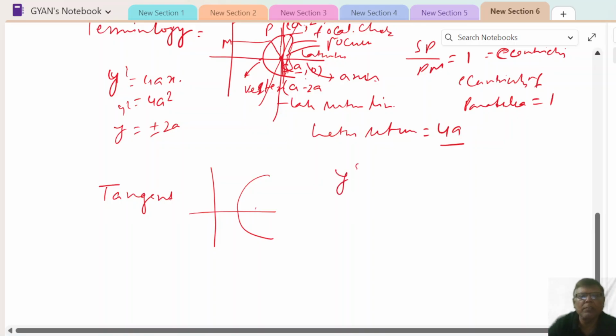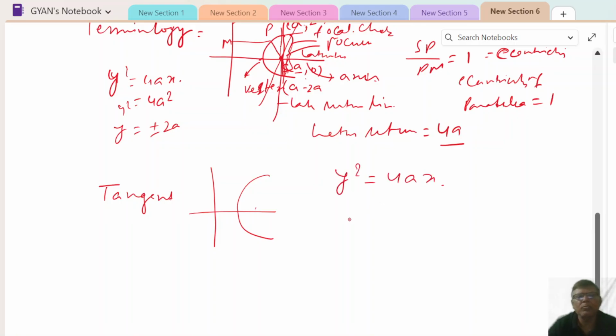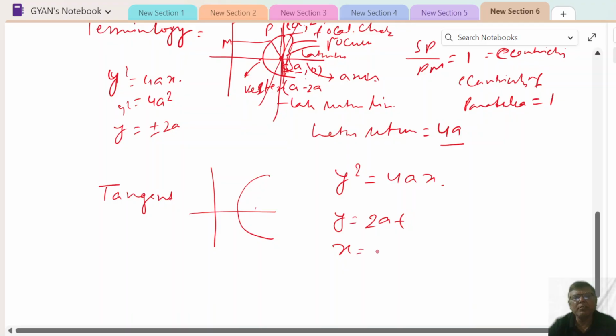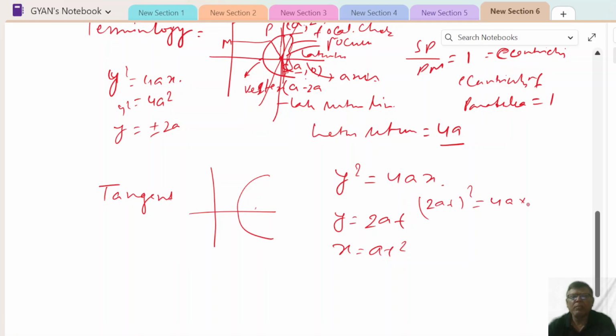For y square is equal to 4x, if y is equal to 2at and x is equal to at square, it will satisfy this equation. 2at squared is 4a square t square, and 4a into at square is also 4a square t square. So it will always satisfy. So the two variables y and x are converted into one variable in the parabola. So this is the parametric equation which we can use.